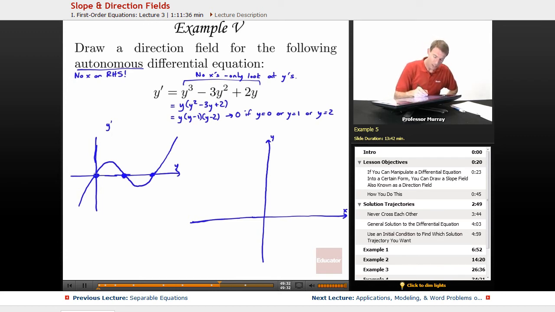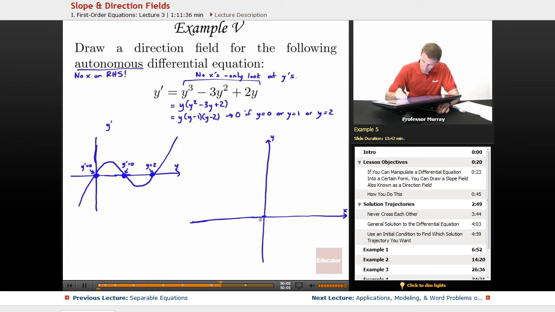So what I've done here is I've looked at where y prime is positive or negative in terms of y, and I really only have to look in terms of y, and that's because there were no x's appearing on the right-hand side. What I notice here is that at y equal to 0 or 1 or 2, y prime is equal to 0. Now over on the y versus x graph, y is on the vertical coordinate.